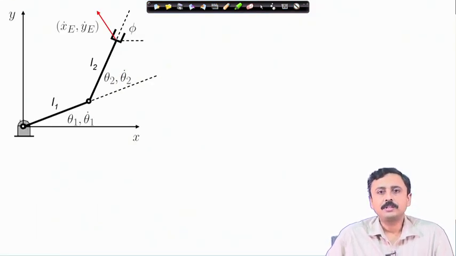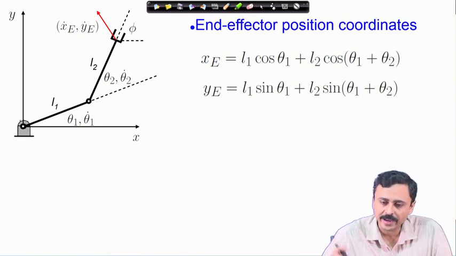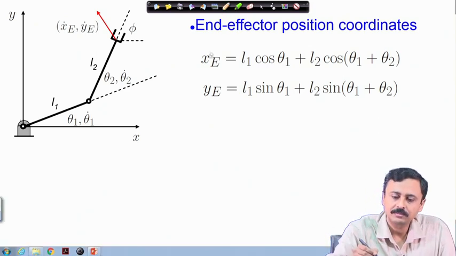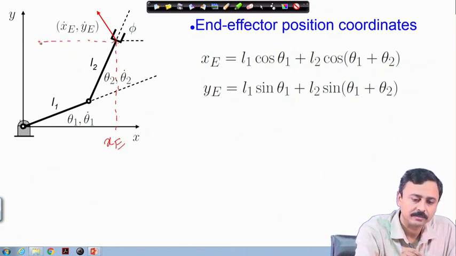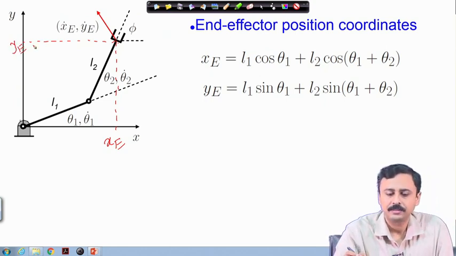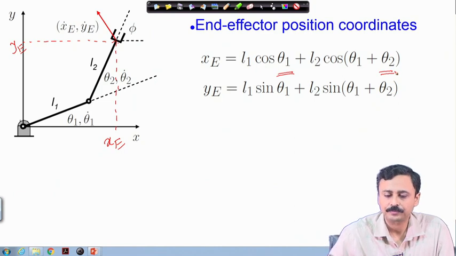We start with the forward kinematic relations which we have discussed before. The end effector positional coordinates are given in the coordinates shown as x e and y e, and we had related these end effector coordinates in terms of the angles theta 1 and theta 2.